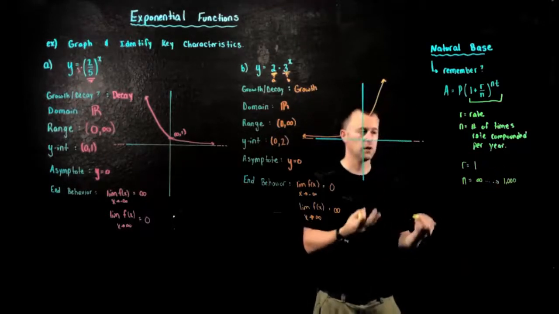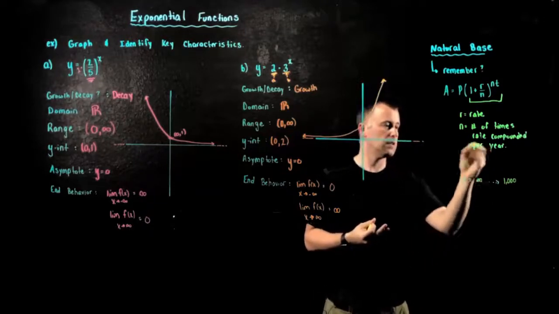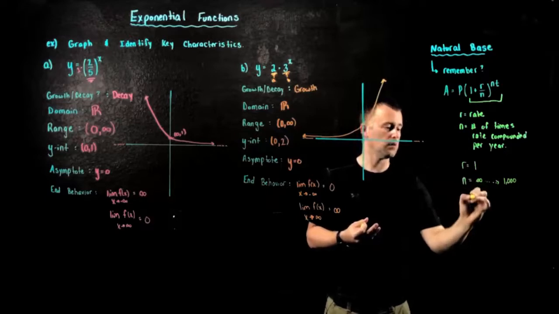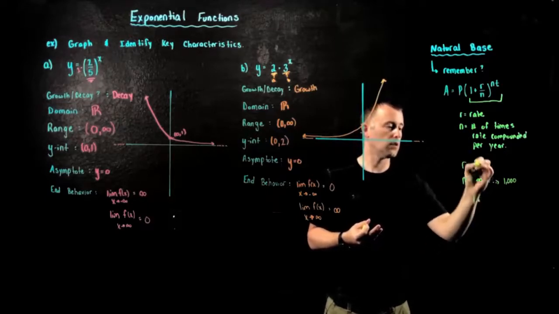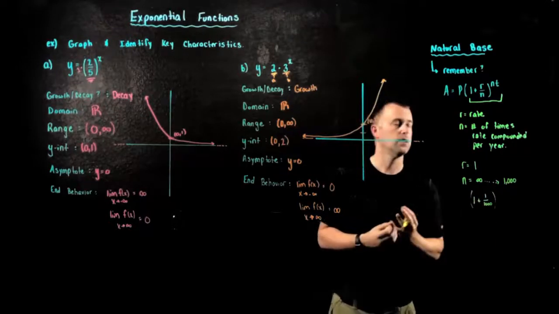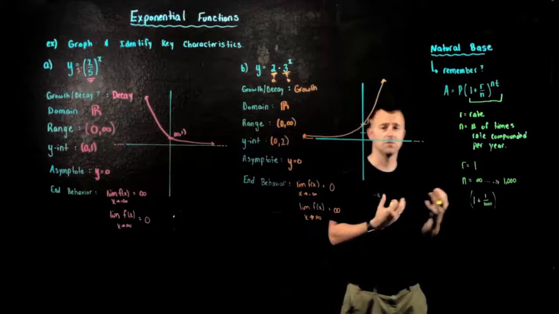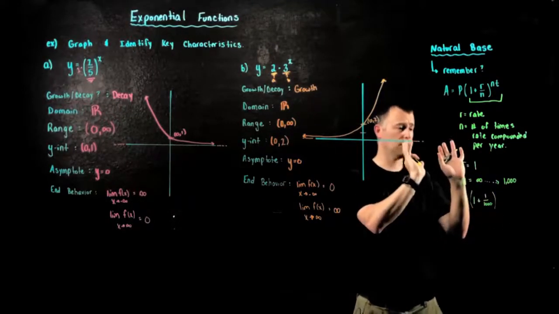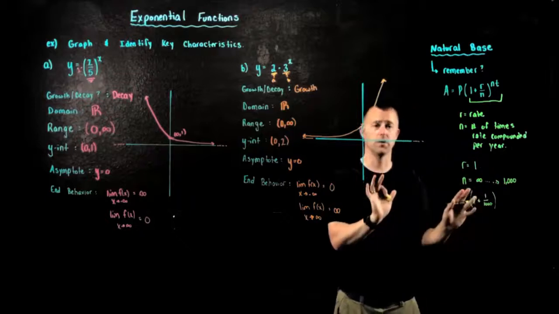So on your calculator, I'm going to take this part right here and plug in 1 plus R, which is 1, over 1,000. And technically, you raise it to the n times t. I'm just going to do this in terms of 1 year, so I'm not going to worry about my t.